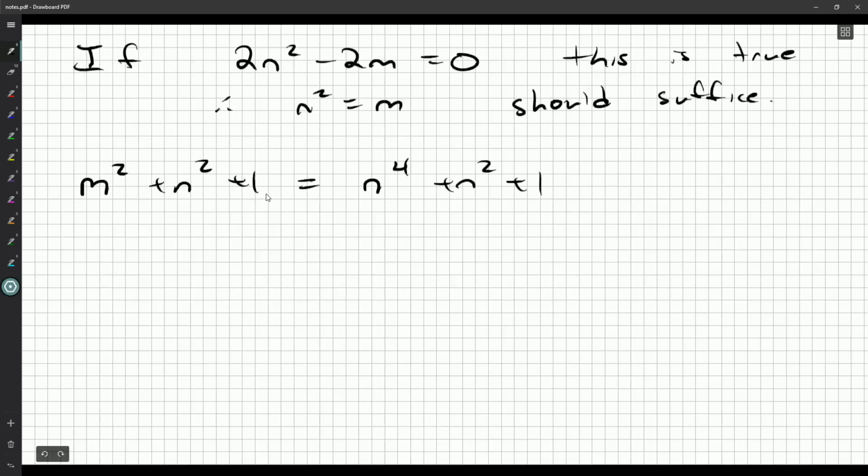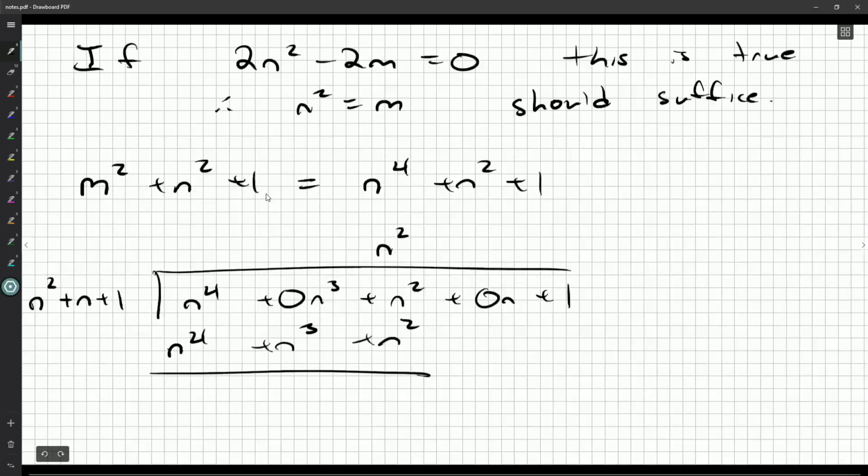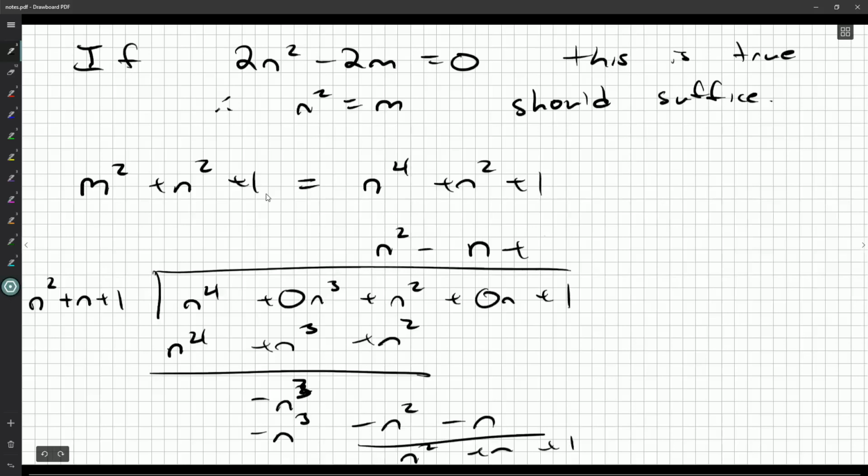And does this indeed have a factor of n squared plus n plus 1? n squared, I'm just doing long polynomial division. n to the 4, n cubed, n squared. We'll be left with minus n cubed. And so minus n.